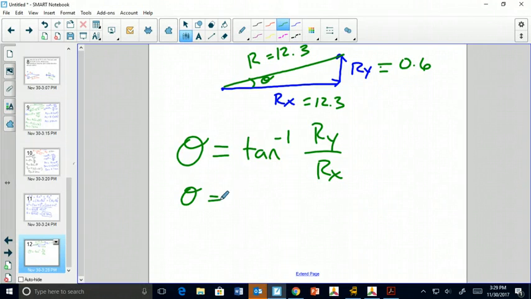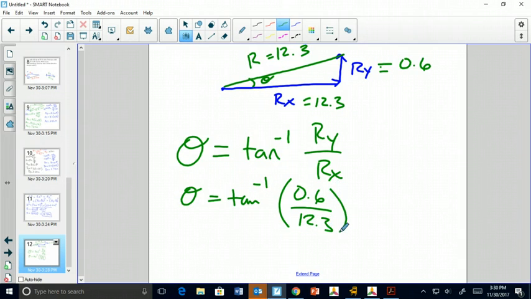So theta is equal to the inverse tangent of 0.6 divided by 12.3. When I perform that math, I get, oops, I didn't actually put this here on my paper. I apologize. So I'll do it right now on my calculator.